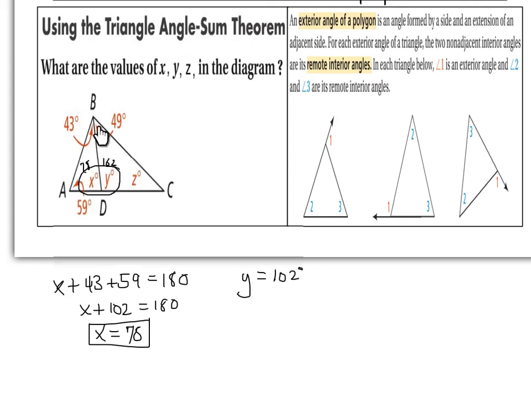You have this angle and that angle, and you can figure out z. So you could say now that z plus 102 plus 49 is going to equal 180 degrees. Or when you add these up, you should get z plus 151 equals 180. And then when you subtract 151, z should be 29 degrees.